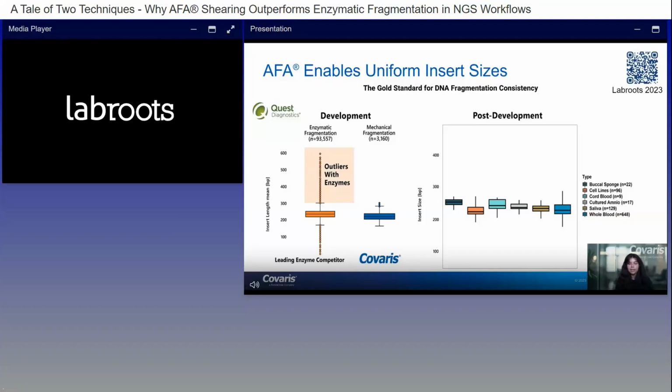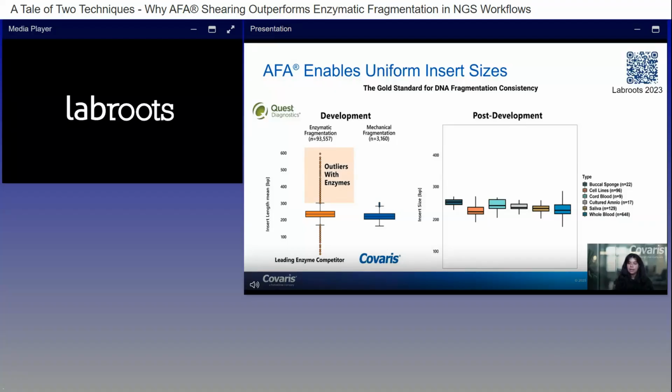What we can appreciate is that while both these libraries do center around the target mean insert size, the enzymatically sheared library is subject to this huge spread, with insert sizes both well above and well below the target. As we just established, this is going to be problematic because it means this enzymatically fragmented library is not going to cluster equally and evenly on the flow cell, leading to data skew or data loss.